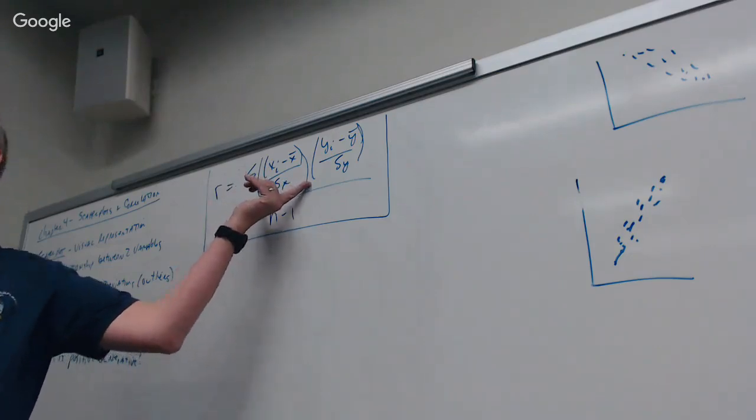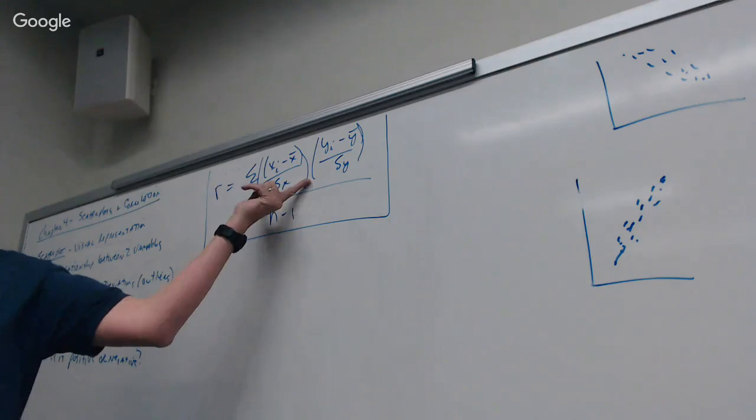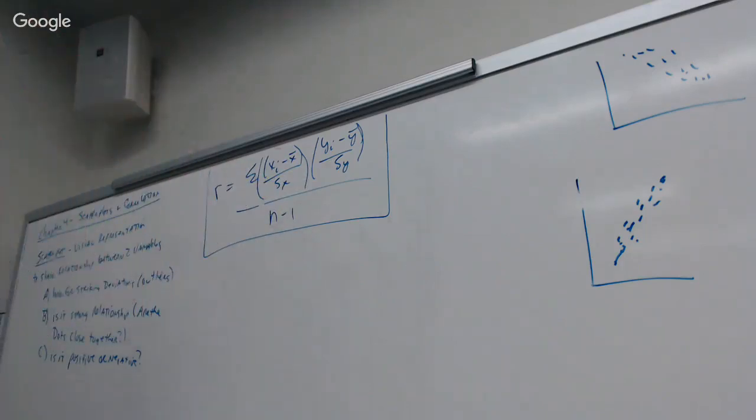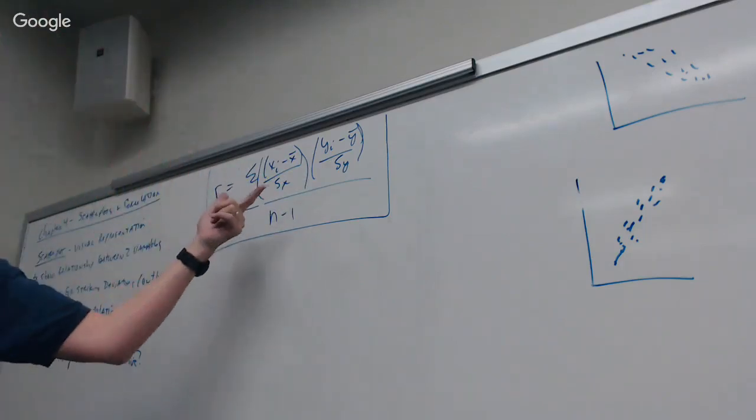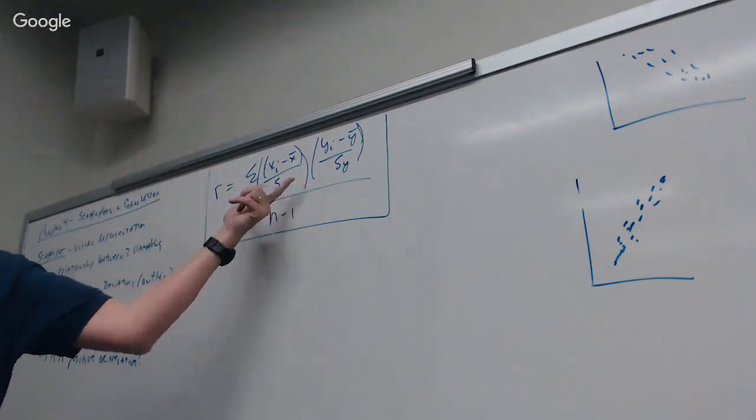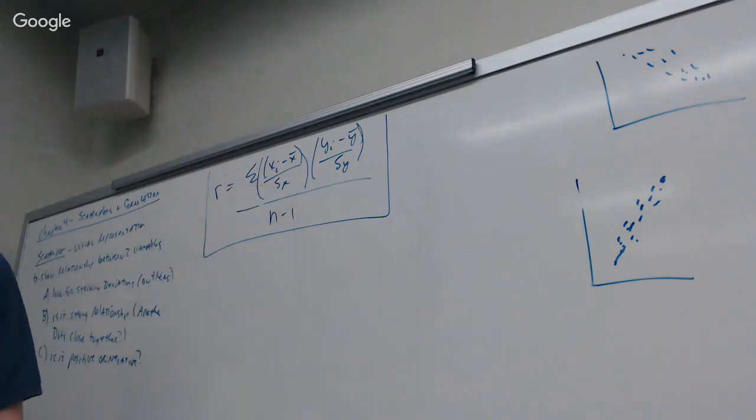In the parentheses, does this look like anything you've seen before? It looks like a variance. Not the variance, but the standard deviation. This looks like the z-score, basically, only I'm using an s instead of a sigma, and that's exactly what it is.